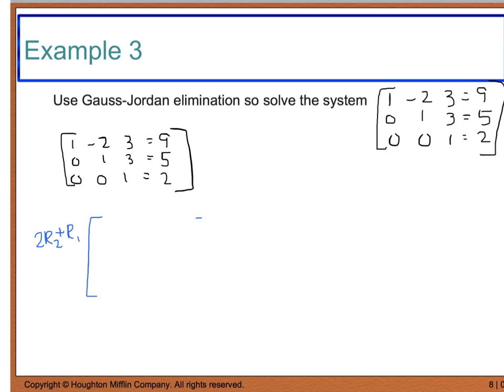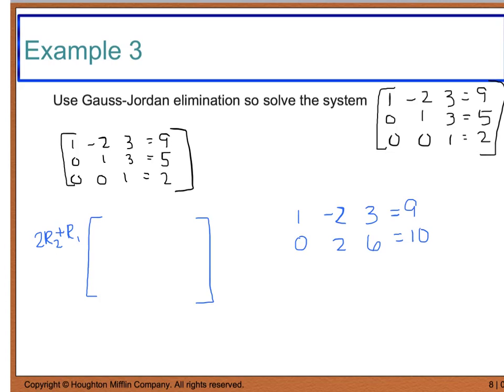So 2 times row 2 is going, or I'm sorry, we'll just go r1, which is 1, -2, 3 equals 9, and then I'm going to multiply my second row by 2. So that's going to be 2 times 1 is 2, 3 times 2 is 6, and 5 times 2 is 10.